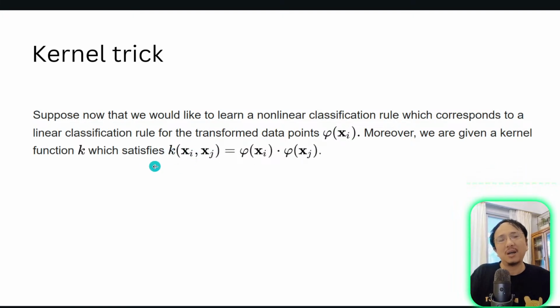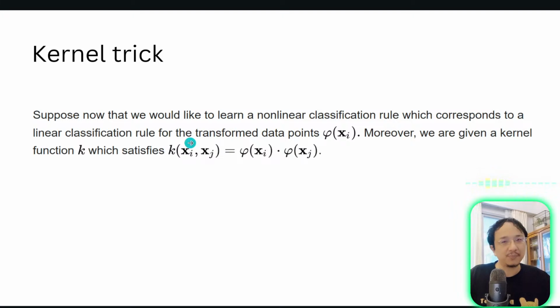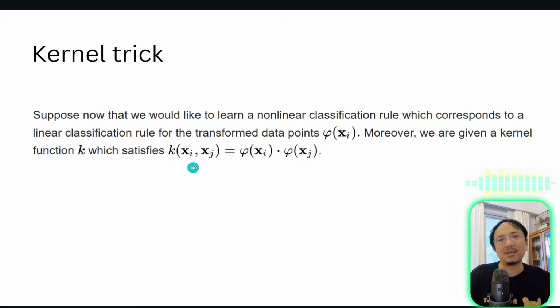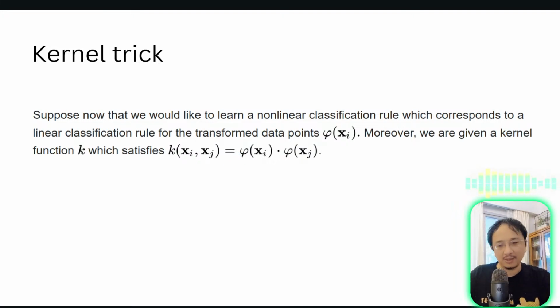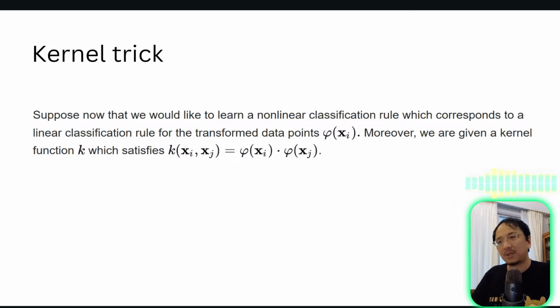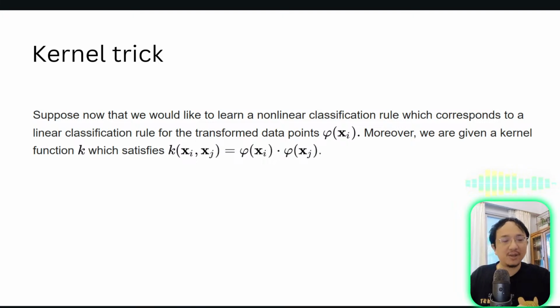Of course, this function needs to satisfy certain properties. For one thing, the inner product of a sample with itself should be greater than or equal to 0, should be positive. And another thing, it should be something called positive definite.